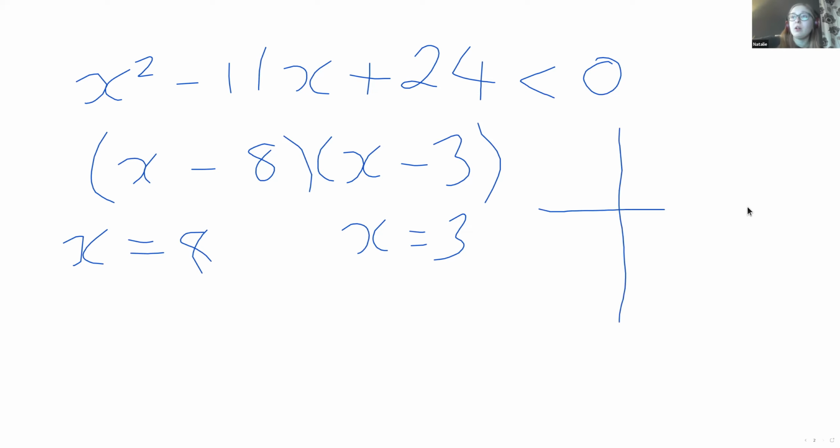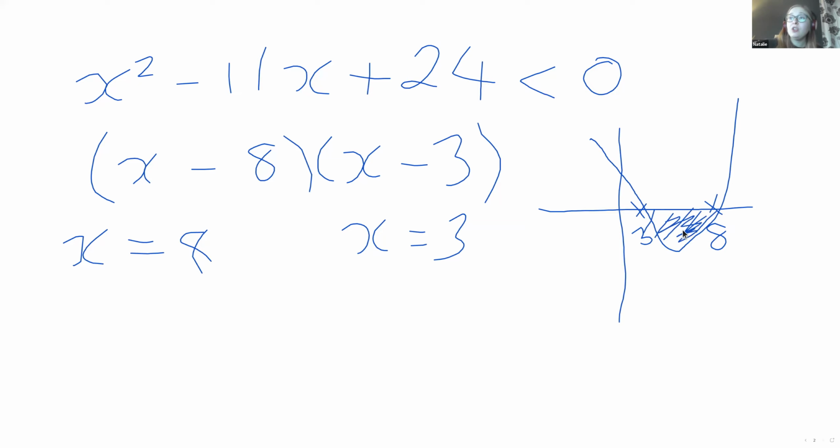You're going to sketch the graph. Admittedly, my sketching is not great, but that's why I love the word sketch, because it means it doesn't have to be. So the quadratic graph is going to be a smiley face. I'm drawing with my finger, so it's not that neat either. And we are looking for the region of the graph that is below 0. So we look for the bit that is underneath the x-axis.